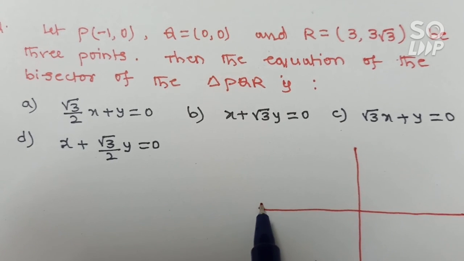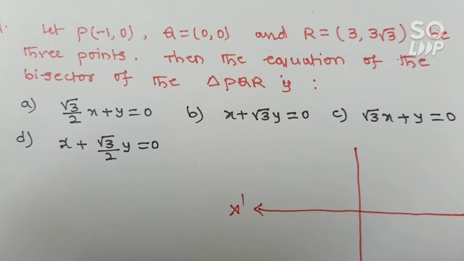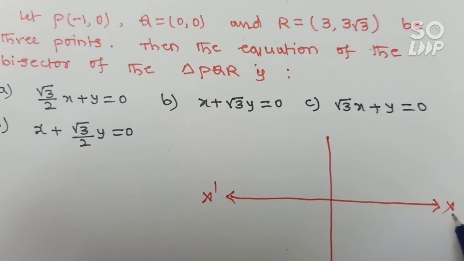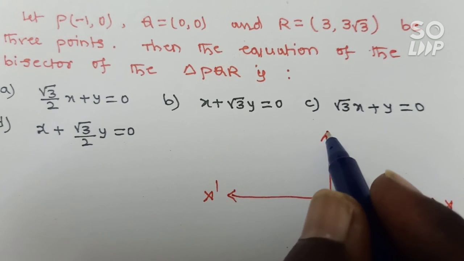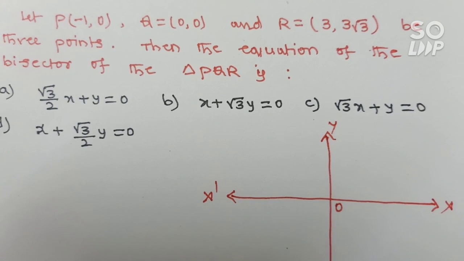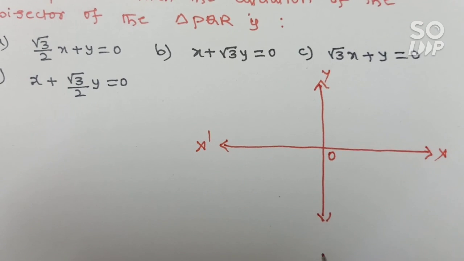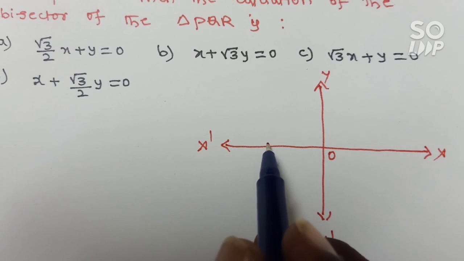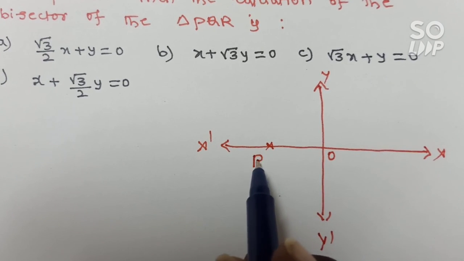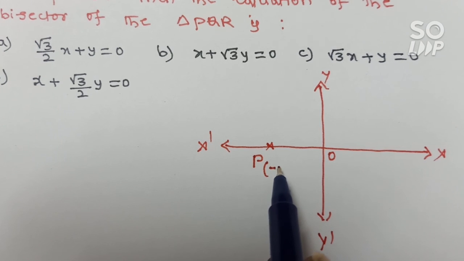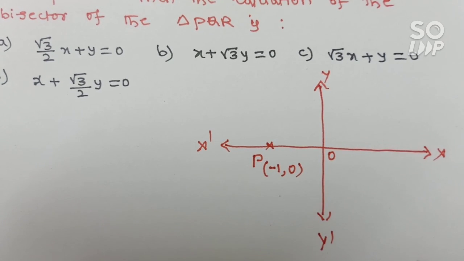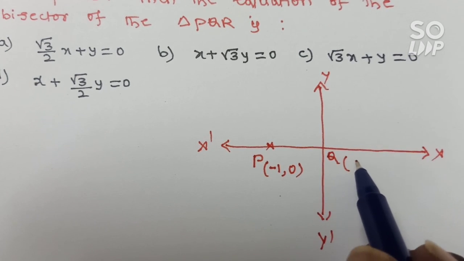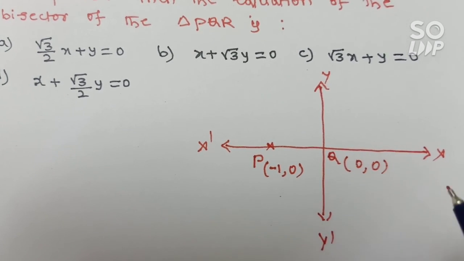First of all, see the given points. One point is on the negative x-axis. This one is the origin, right? See, this is y and this is y dash. What is the first point P? P is minus 1 comma 0 and Q is 0 comma 0, right?